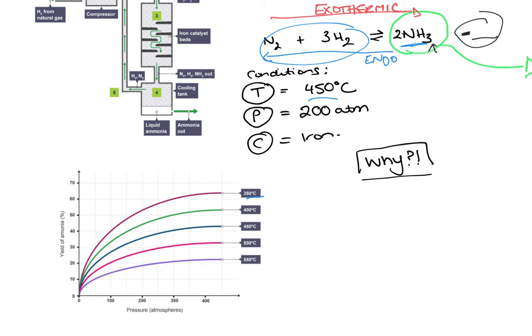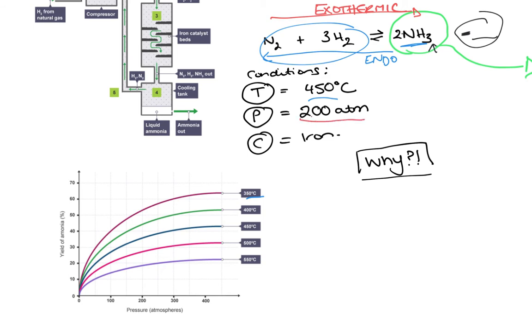You're not having as fast a reaction to produce as much product as you would need to. So a temperature is selected to be a compromise between yield and rate. We use 450 because any higher would dramatically reduce the yield, and any lower would give us too slow a rate of reaction.